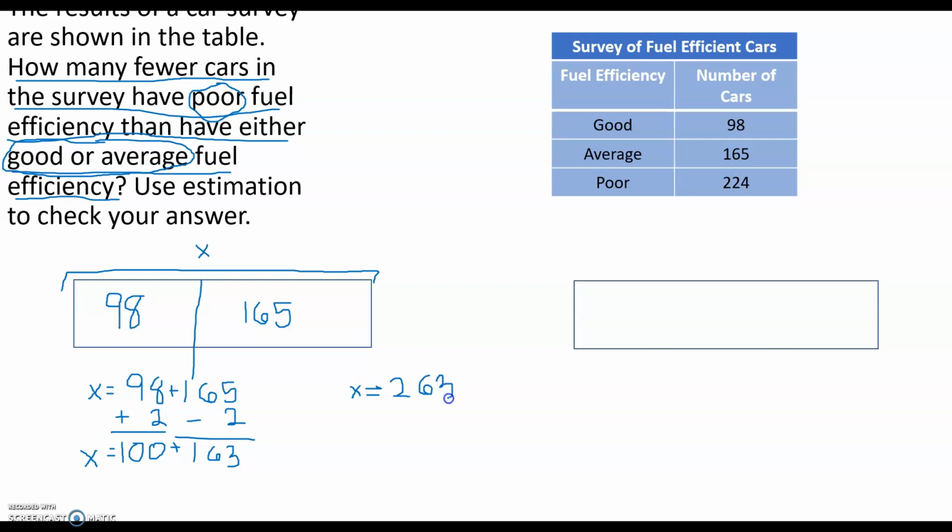All right, I'm not done with this problem yet. Now, I need to answer the actual question. So how many fewer cars in the survey have poor fuel efficiency? So I need to find the difference. My total is 263 because there's more good and average than poor.